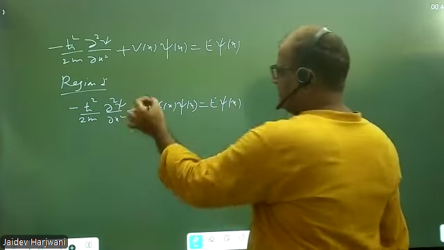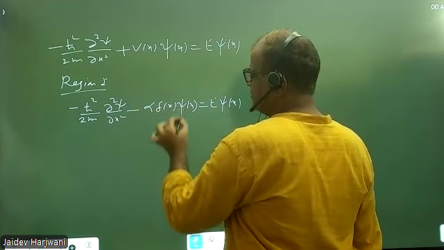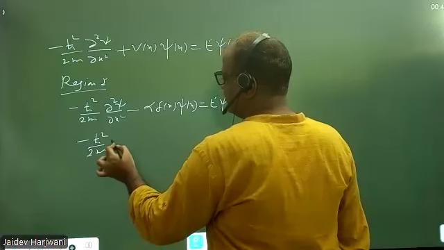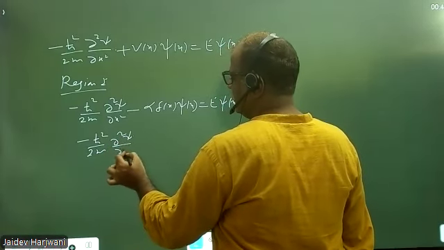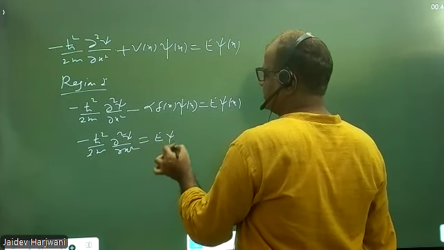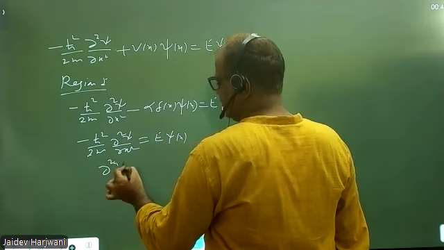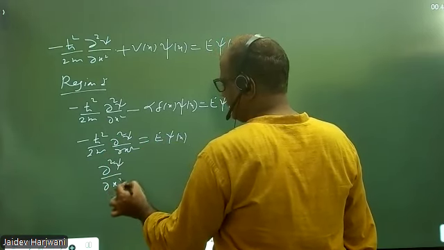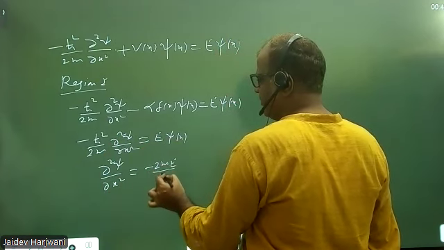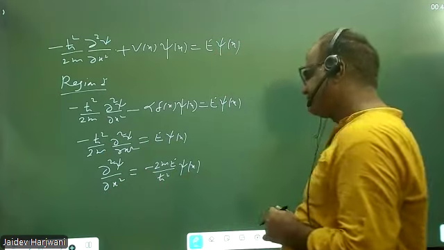Now in region 1, the delta function is 0 because it has a value only at x equal to 0. So my equation becomes simple: minus h cut square by 2m del 2 psi upon del x square equals E psi x. This equation can be written as del 2 psi upon del x square equal to minus 2mE upon h cut square psi x.